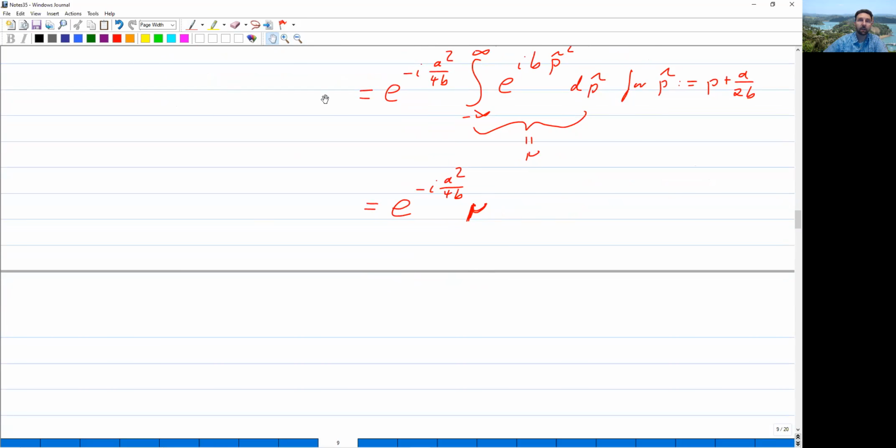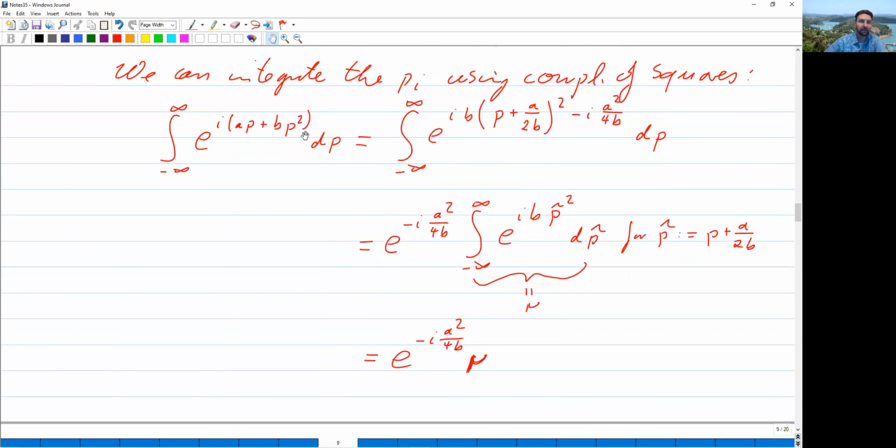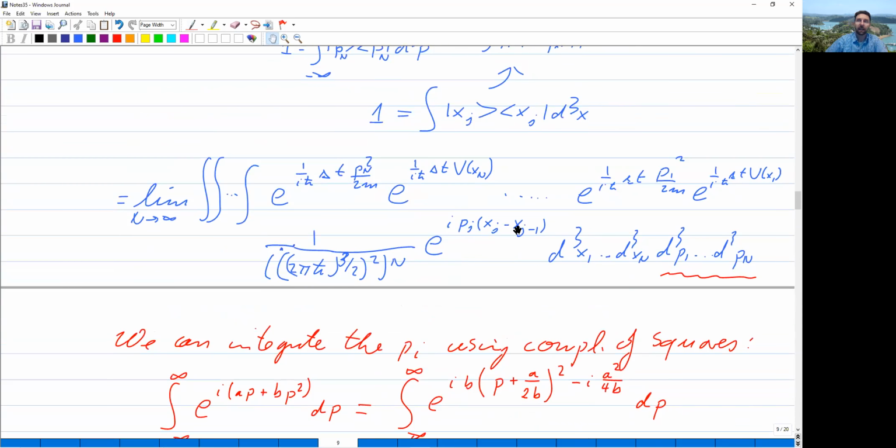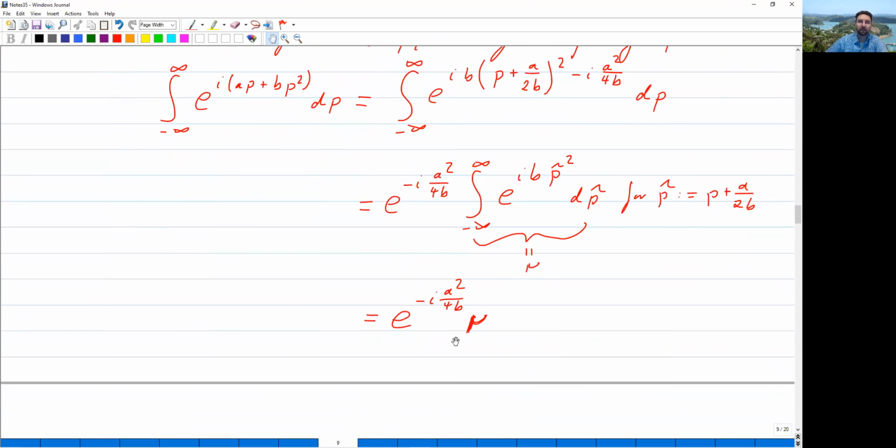And then we have calculated our integral, right? So whenever we have an integral that is a phase function with a linear and a quadratic term, as we have n times in this path integral, in this integrand, then this is how we can integrate it.